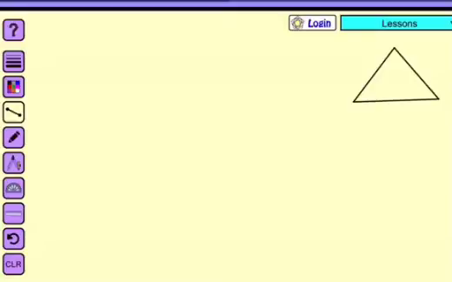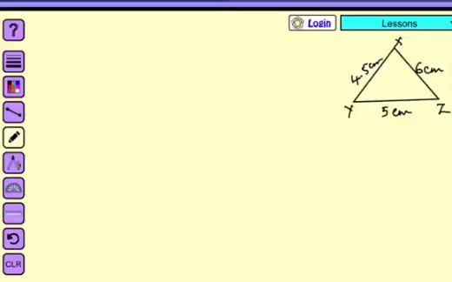So, if this is triangle XYZ, we have XY as 4.5, then YZ as 5 centimeters and ZX as 6 centimeters. We have a rough diagram like this.